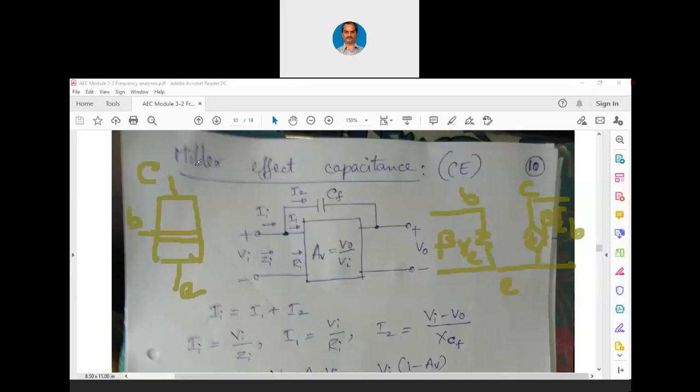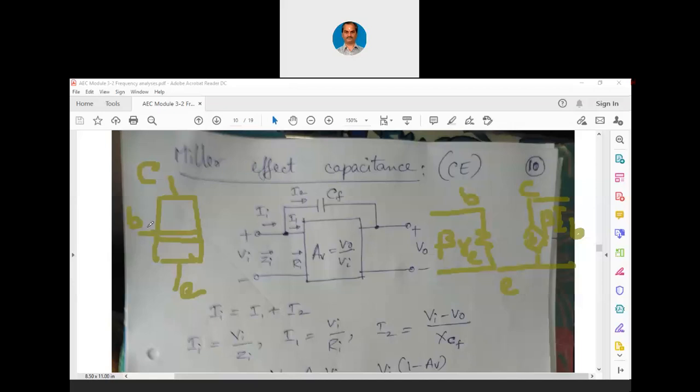Then the collector we simply replaced with the beta into IB as a current source, because the switch is working in the active region. Now emitter is grounded, and between base and collector we actually ignored the effect, because this was considered as a diode, and always when the amplifier is working in the active region, the base to collector junction is reverse biased.